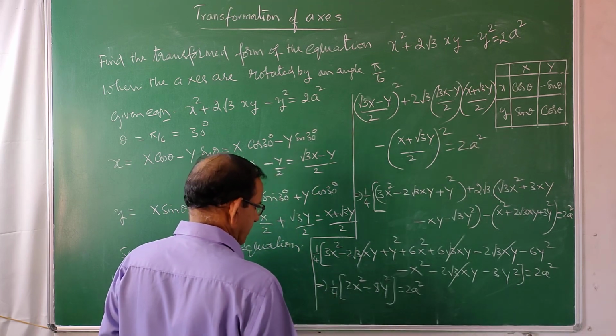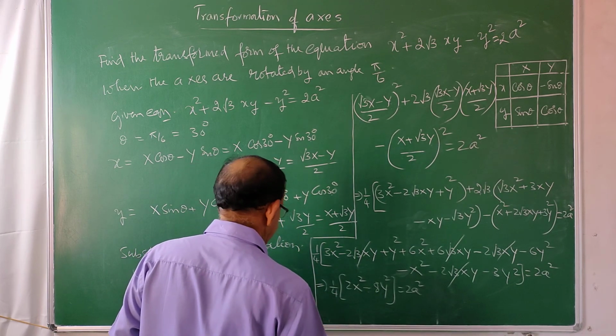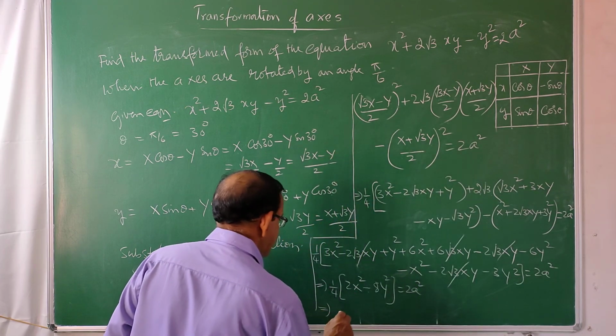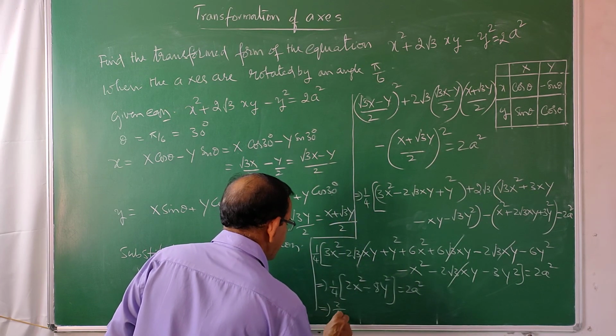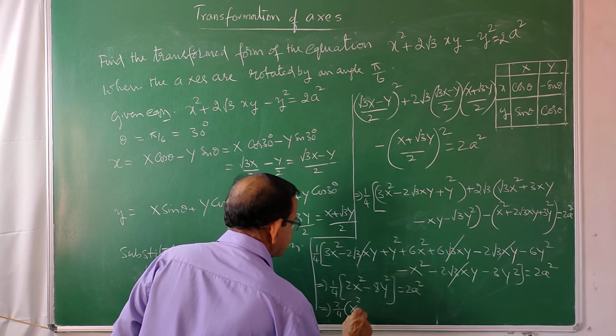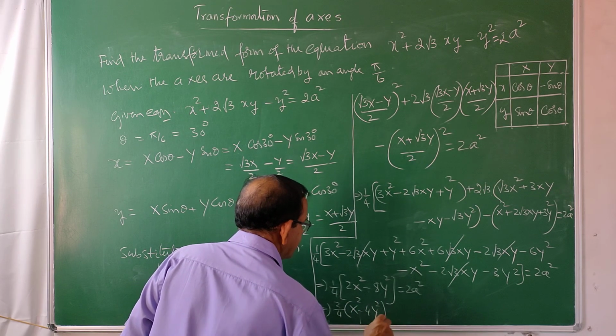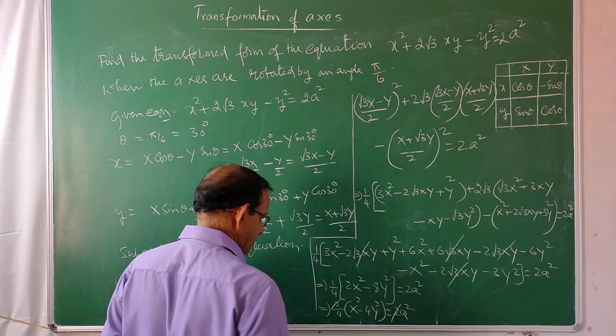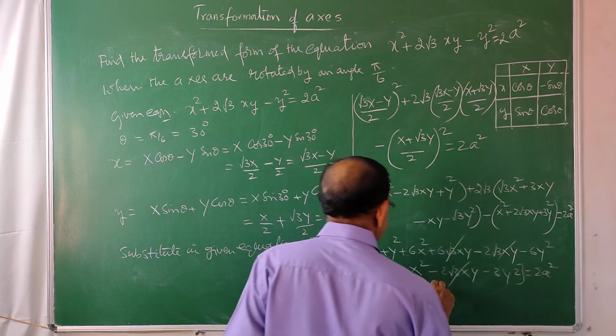Take 2 common, 2 by 4 into x square minus 4y square is equal to 2a square. Cancel this 2 on both sides, then take cross multiplication.